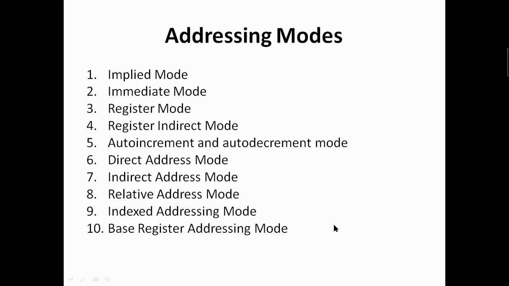For example, if it says 7, then to the base address, that is 700, 7 will be added. That means we are going to the 8th instruction in that function. So this is the base register addressing mode.